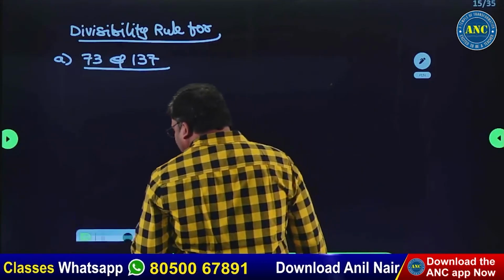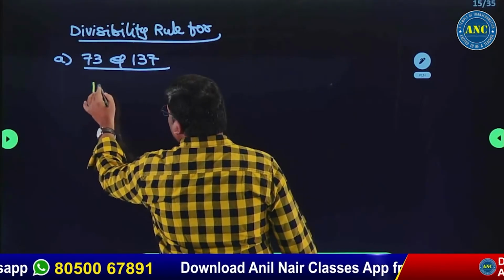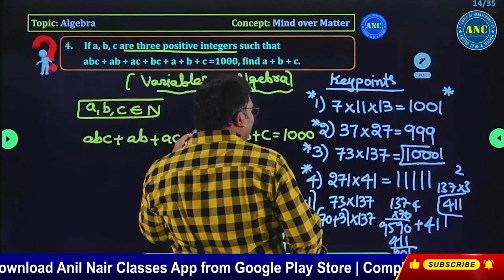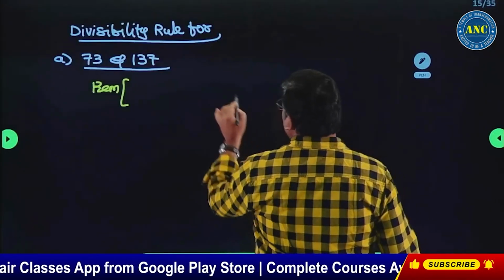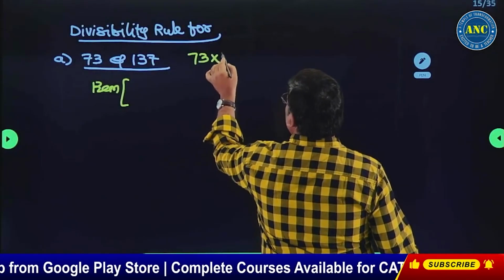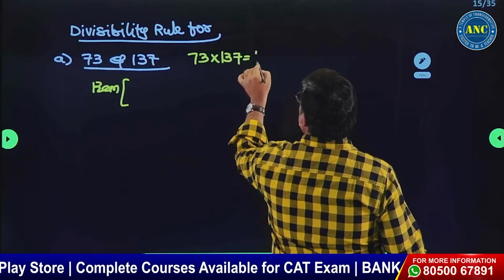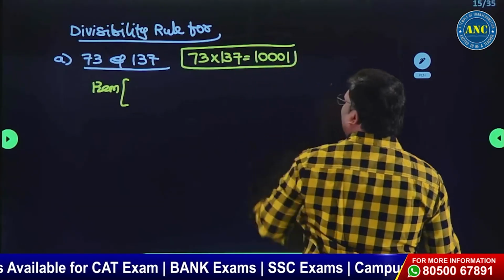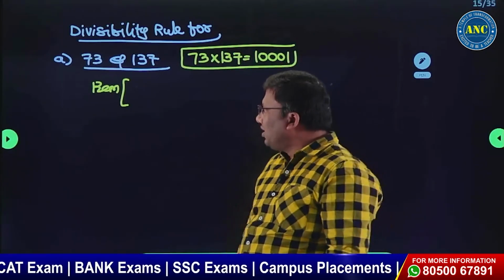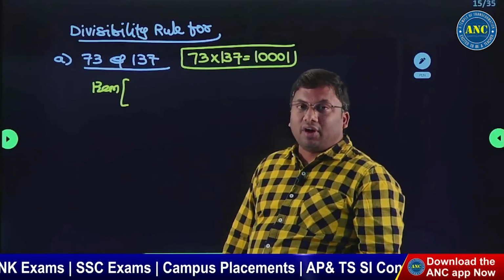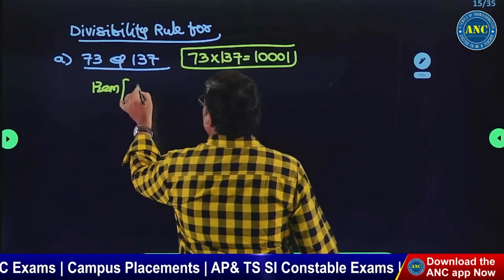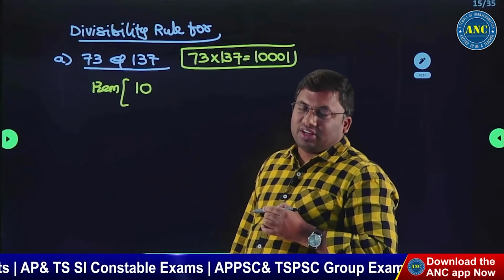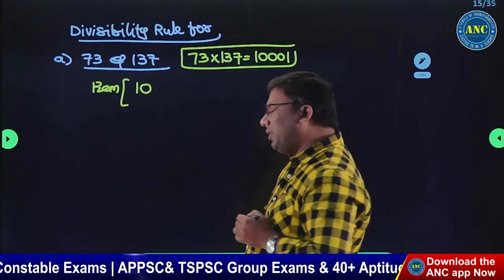Now if you see here, 73 into 137 is 10,001. This is what we know. Now 10,000 means 1 followed by 4 zeros. 10 means 1 followed by 1 zero. 10 square means 1 followed by 2 zeros. 10 cube means 1 followed by 3 zeros.